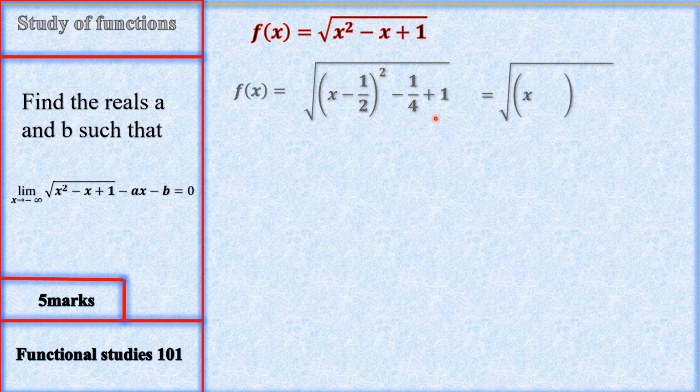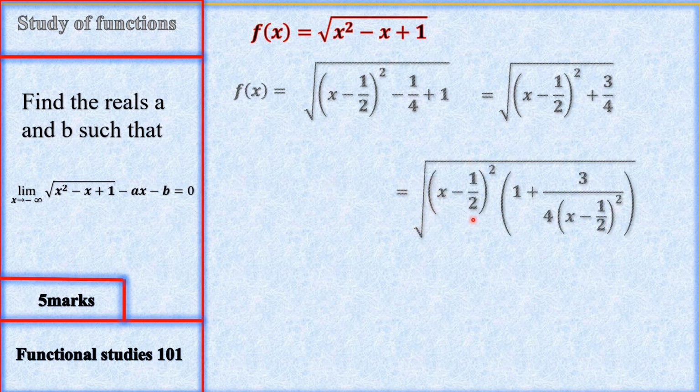So simplifying that gives us the square root of x minus a half squared plus 3 on 4, because negative 1 on 4 plus 1 gives us 3 on 4. We can further rewrite this as the square root of x minus a half squared multiplied by, when we factor out x minus a half squared, 1 plus 3 divided by 4 into x minus a half squared. When you expand this, you bring us back to this, so I'll not change anything.